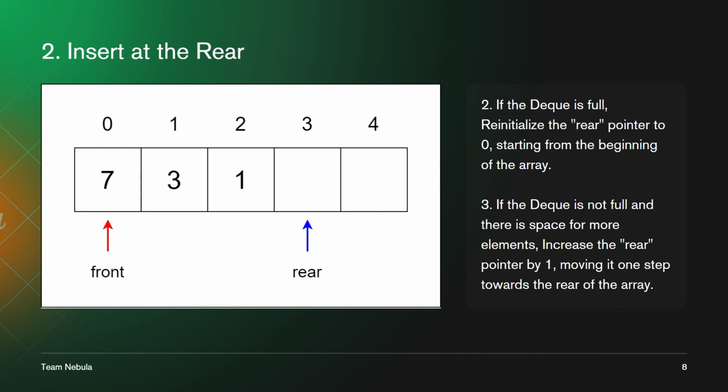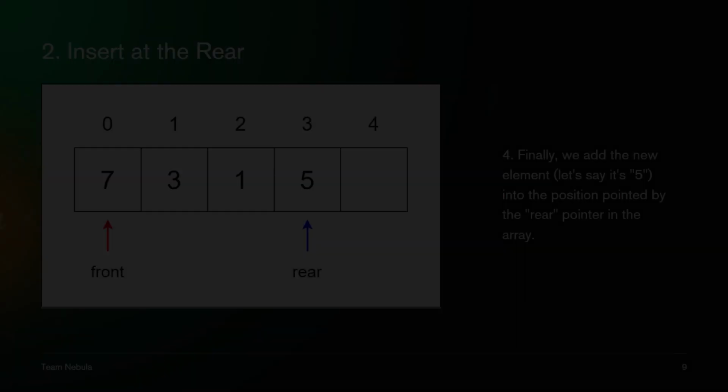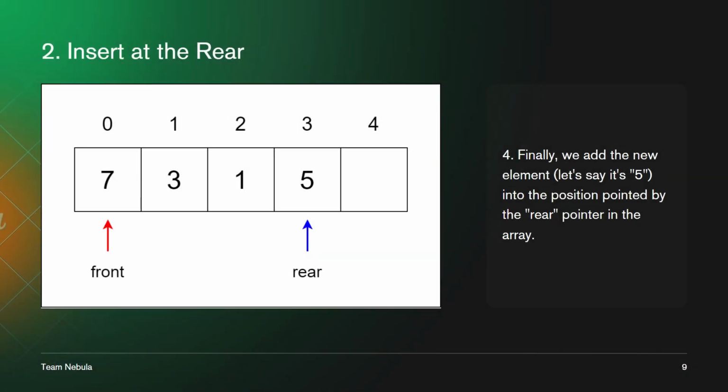This is because we are implementing a circular array, so if the rear has reached the end of the array, we need to wrap it back to the beginning to make use of any available space. If the dequeue is not full and there is space for more elements, we simply increase the rear pointer by 1, moving it one step towards the rear of the array. Finally, we add the new element, let's say it's 5, into the position pointed by the rear pointer in the array.